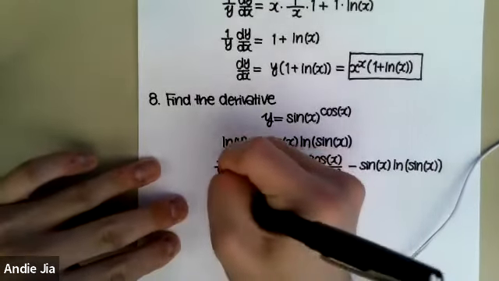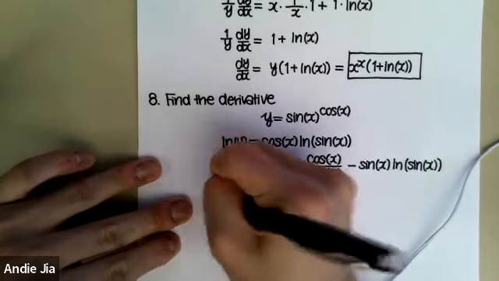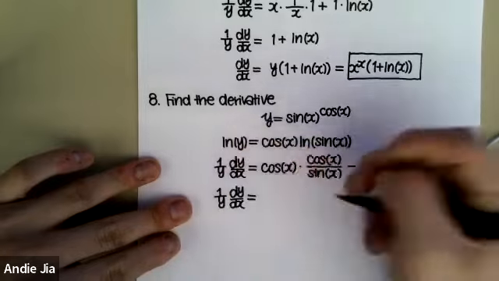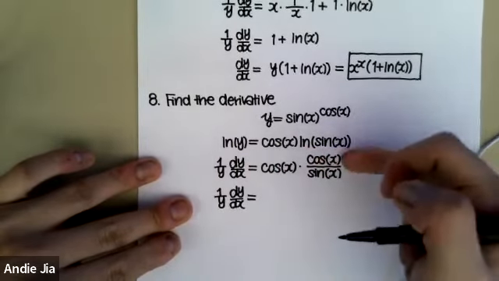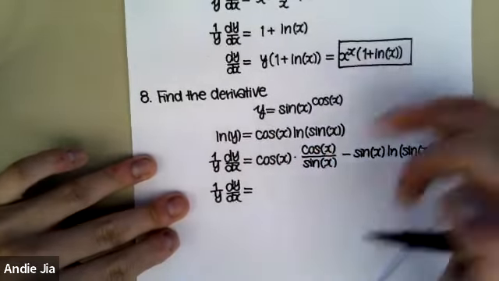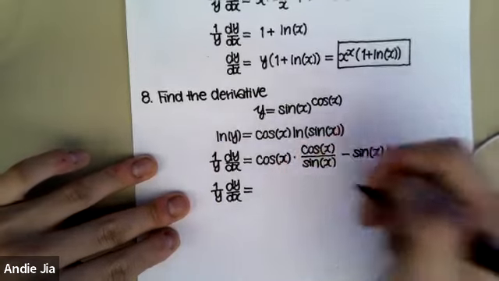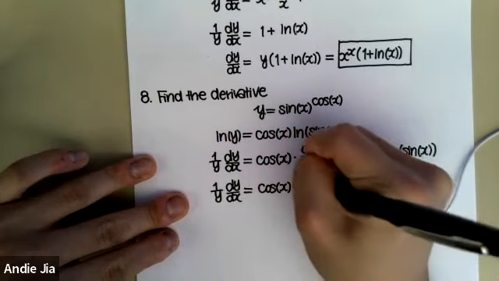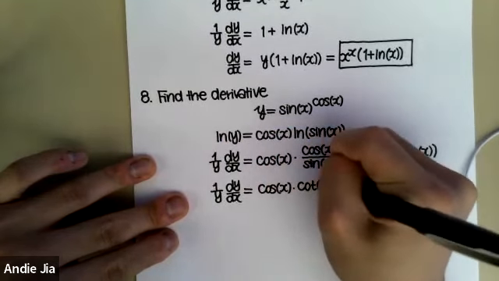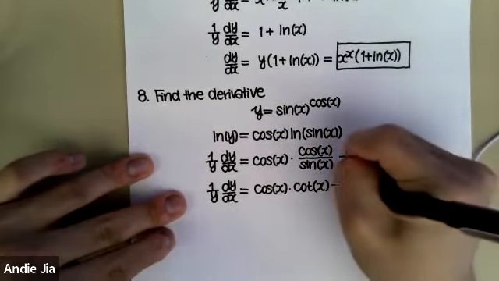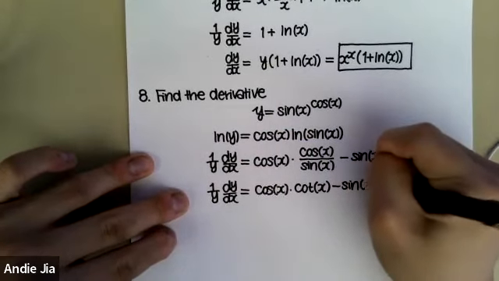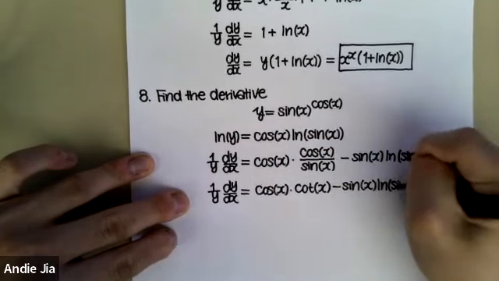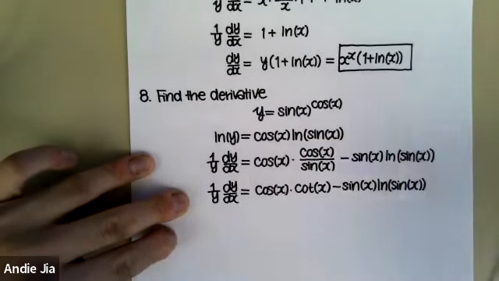And then we can rewrite the dy dx term. There's a cosine and a sine, so this is cotangent. So it's cosine x times cotangent x, minus sine of x times natural log of sine of x.